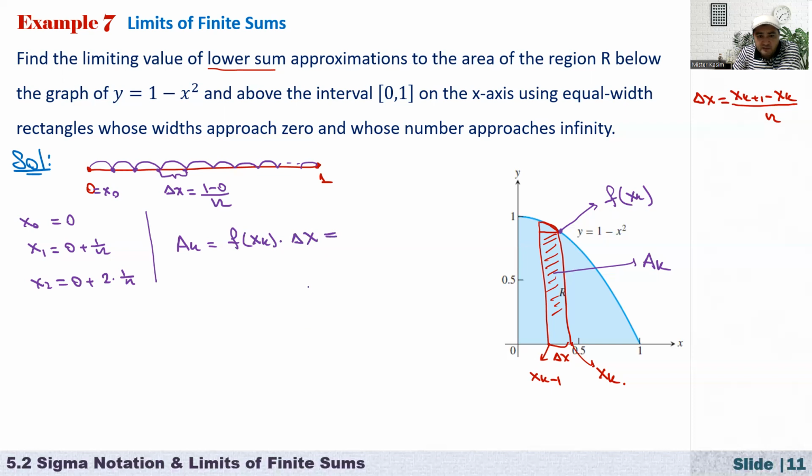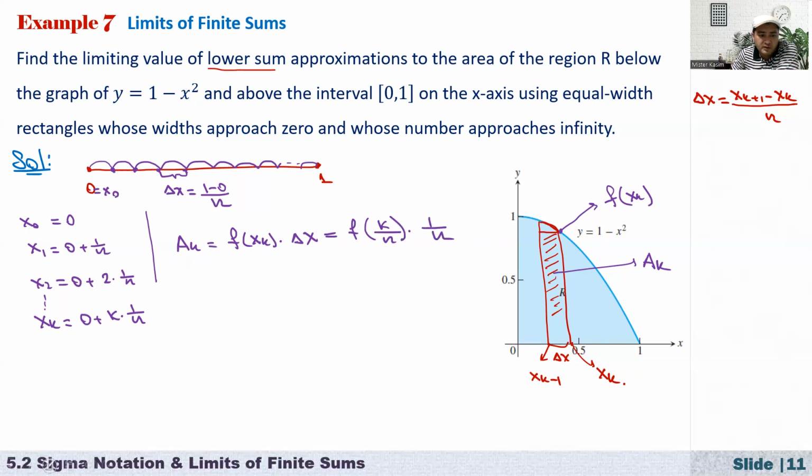Now, if I substitute the values, and I know our function. Once again, x sub k will be equal to 0 plus k times 1 over n. So f of x k means that here we have f of k over n times delta x, and delta x is equal to 1 over n.